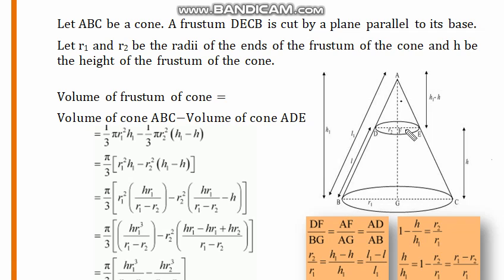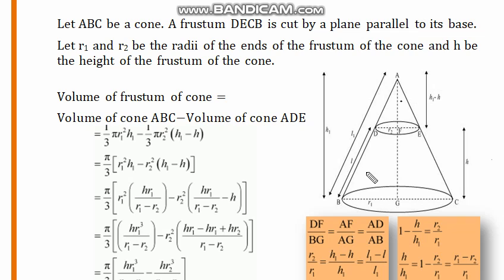The radius of the upper part is R2, the slant height of the frustum is L, and the total slant height of the cone is L1. The total height of the cone is H1 and the height of the frustum is H. So the height of cone ADE is H1 minus H.